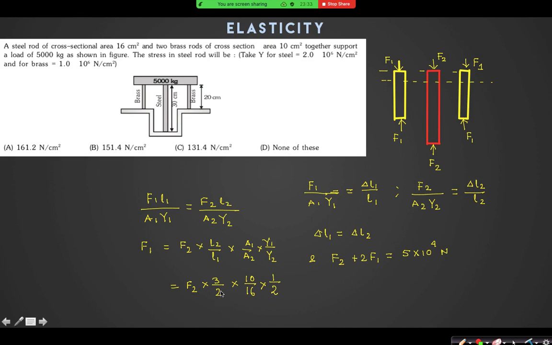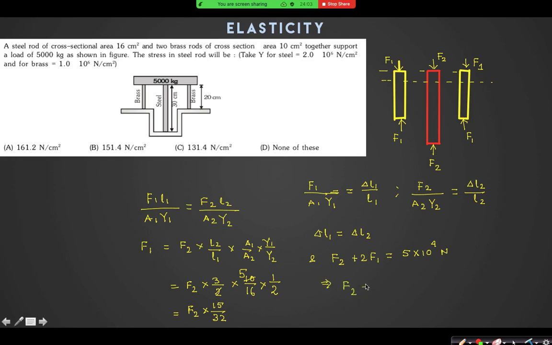I think we have found a relation between them: F1 is F2 into 15 by 32. Now I have to find the stress in the steel rod, so I have to calculate F2.